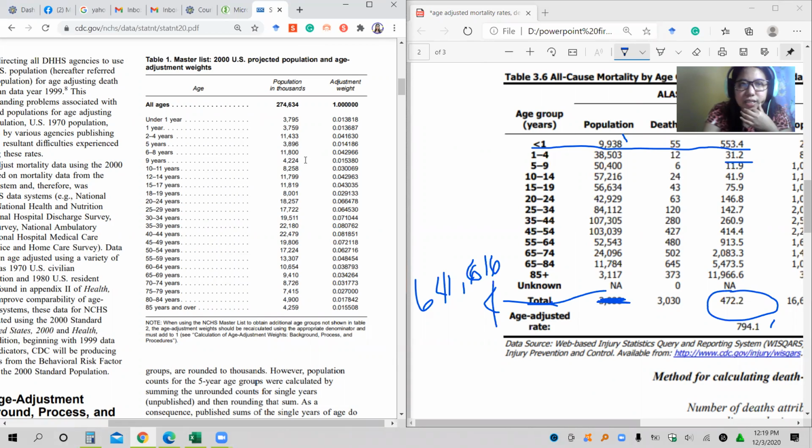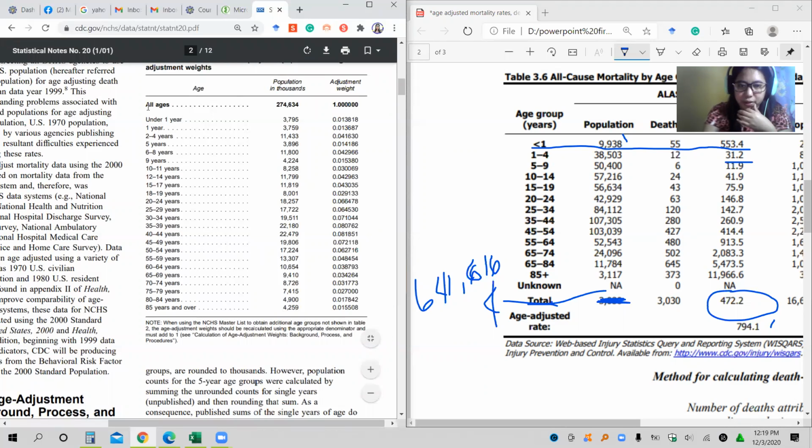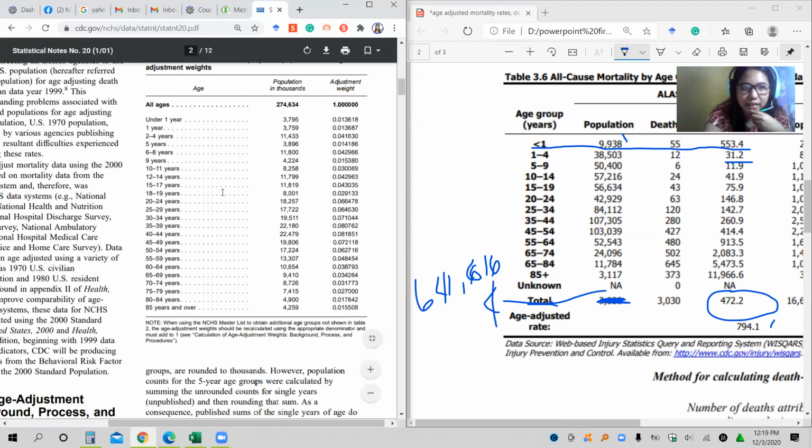So it is here, however, it's 0.013818 for 1 year old, 2 to 4 years old. However, in our table, what I found is only 1 year old, 2 to 4 years old, 5 years old. But what we need is the standard or the adjusted weight for 1 to 4 years old, 5 to 9 years old, and it's not the same in this table.